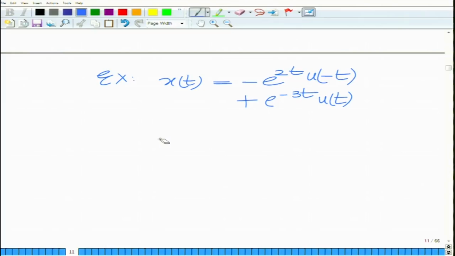Now look, this is a two-sided signal, because u(minus t) is non-zero for t less than 0, u(t) is non-zero for t greater than 0. So this is a two-sided signal.